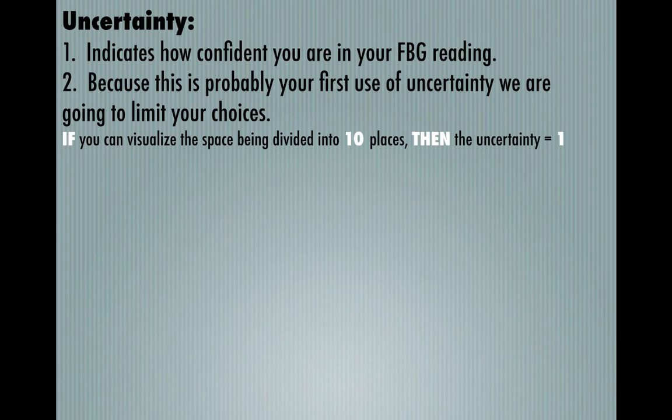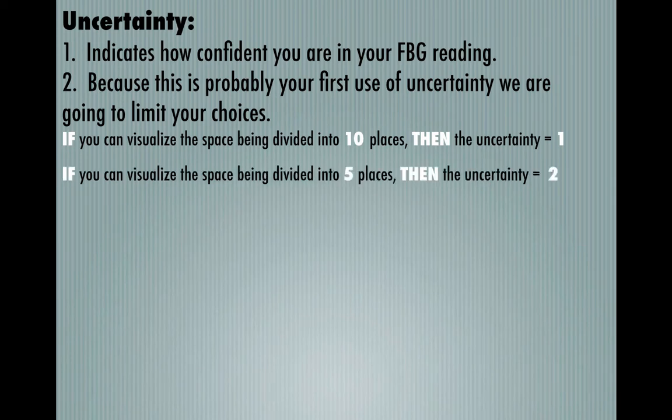If you can only visualize 5 spaces, then you're a little less certain, so you have a greater uncertainty, so you're less confident in your guess. Then your uncertainty is going to be the digit 2.